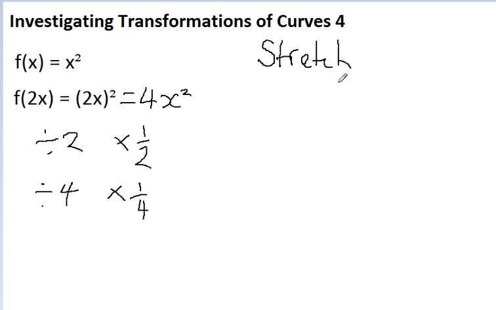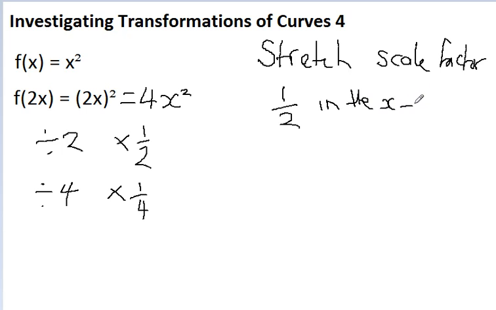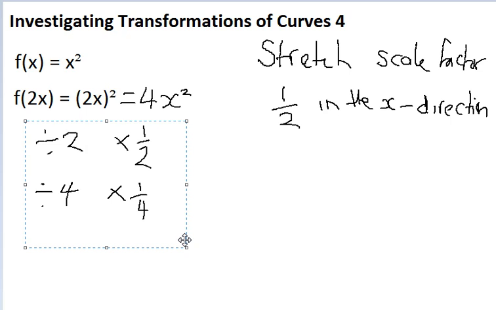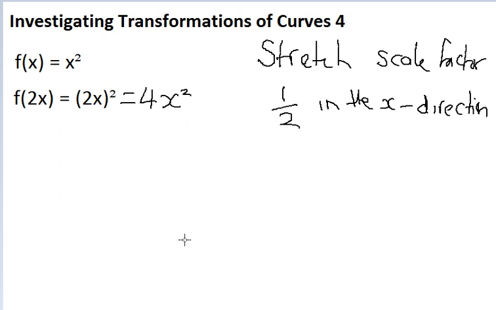So when we describe this transformation, we say it's a stretch, and we say it's a scale factor a half. But if you remember, that was only in the x direction. So I'm just going to say in the x direction. Just get rid of this stuff. There we go.